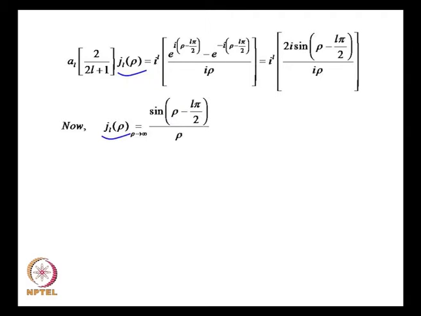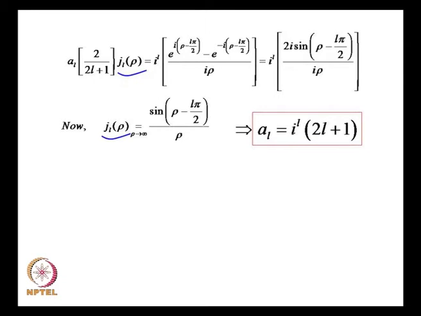So, these are well known properties of special functions, of the spherical Bessel functions, and you can use this to get rid of this sinusoidal function. You also get rid of the 1 over rho, which is common to both sides, and it gives you a very simple result for your coefficient AL.